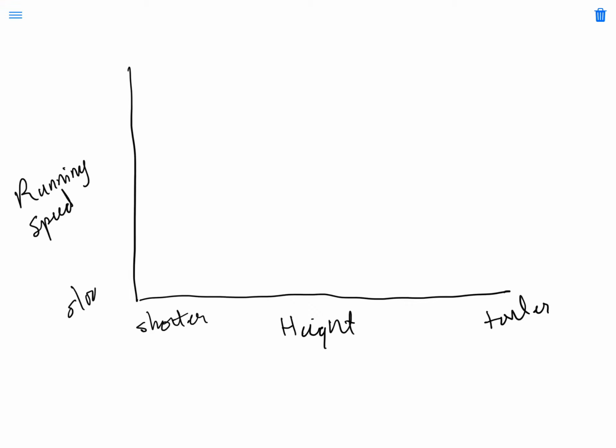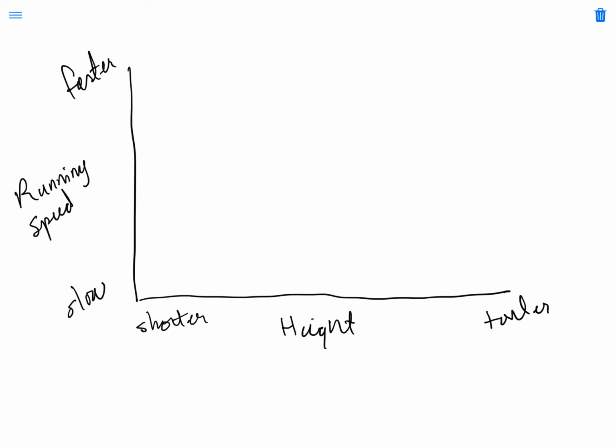Here we have slower students, and here we have faster students. And we assume that our taller students with their taller legs are going to run faster than shorter students with shorter legs. Now, that, of course, is not always true, and there's exceptions, and fitness and other exercise habits, everything kind of falls into that.